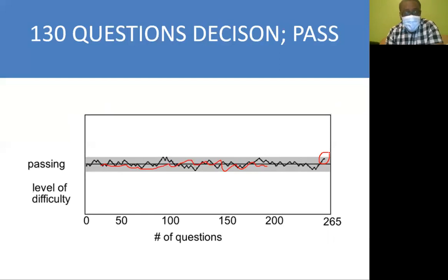Is it above the passing line or is it below the passing line? If your 130th question is above the passing line, then it's a pass. If it's below, it's a fail.